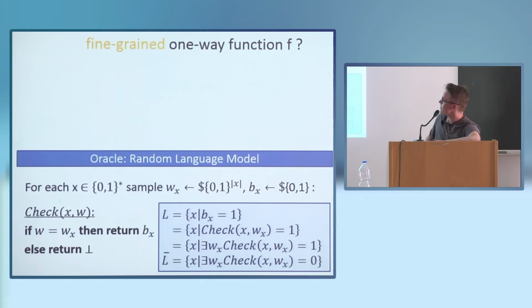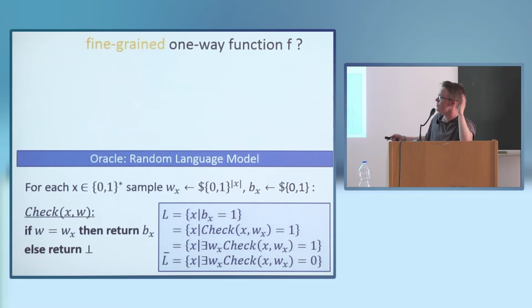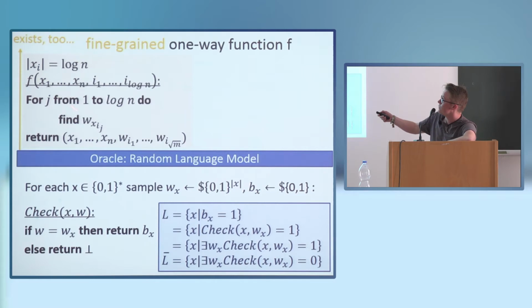So relative to this random language, we have a hard language, but unfortunately, we also have a fine-grained one-way function. So this oracle is a first attempt, but it's not good because it actually does give you a one-way function, which essentially says sample a bunch of values and a couple of indices of some security parameter which is much lower. Then find the witnesses for the indices that you sampled and return the witnesses.